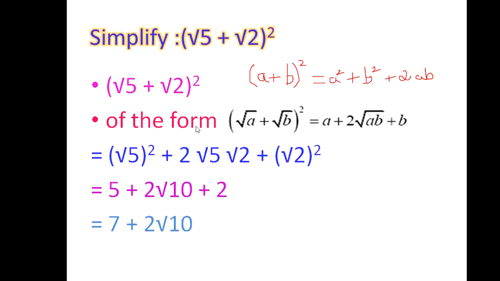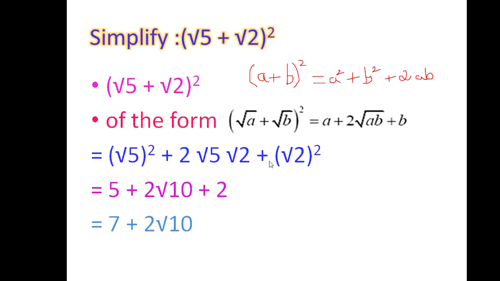Okay, the algebraic identity, if you want to see it, is a plus b the whole square. It is of that form. For the real number identity, you will have it like this: square root of a plus square root of b the whole square means you will get the answer a plus 2 square root of ab plus b. After solving, if you see here, a is 5 and b is 2.